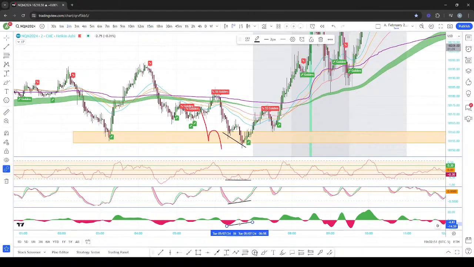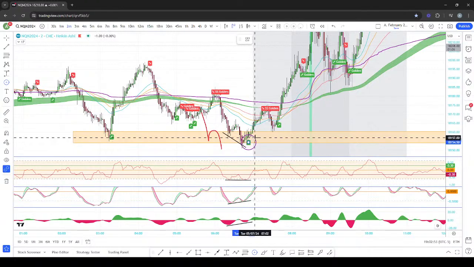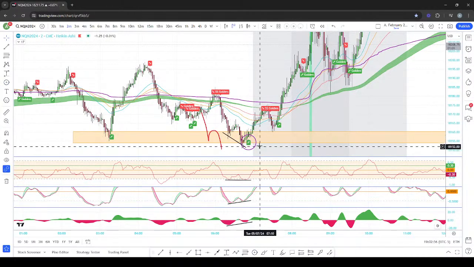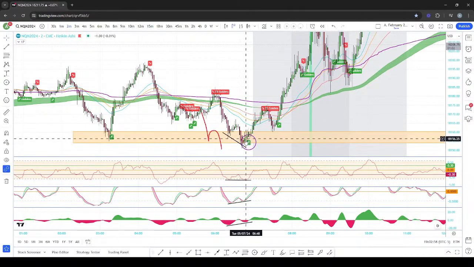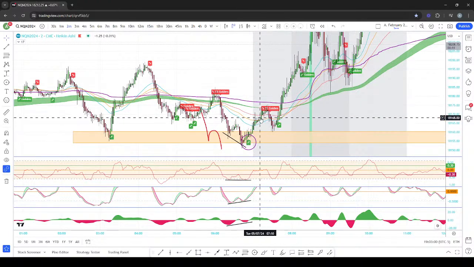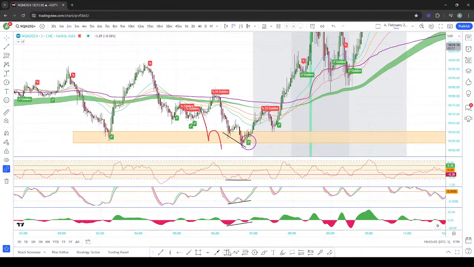So what I do next is you just wait for the trading oracle signal. It shows up a couple of bars afterwards, and you can take on your trade for some nice points in here.